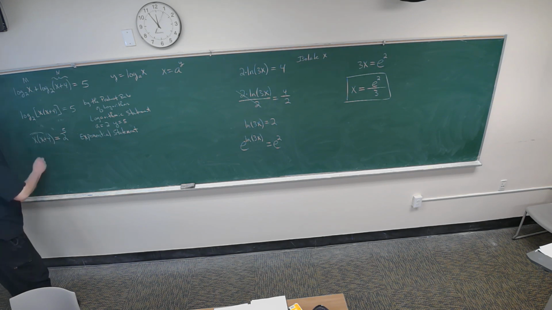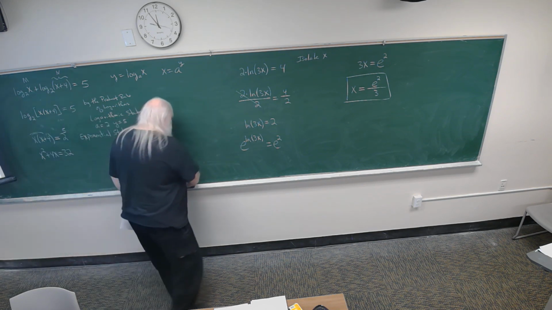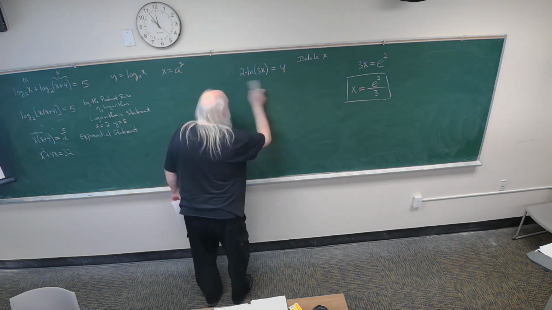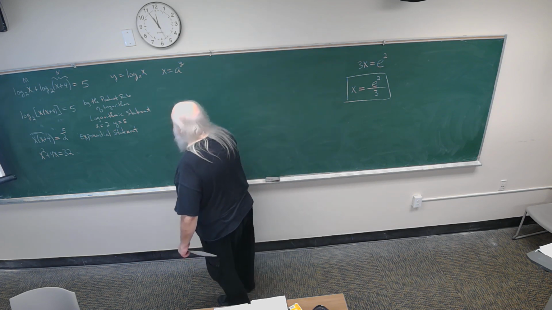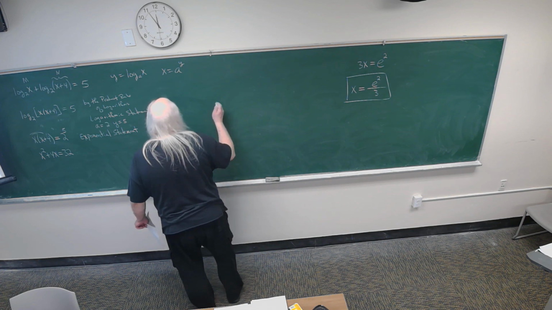So you distribute the x, and you have x squared plus 4x, and 2 to the 5th, using your calculator or your fingers or whatever, 2 to the 5th is equal to 32. Well, now to solve that quadratic, right, we've got to get 0 on the right-hand side.